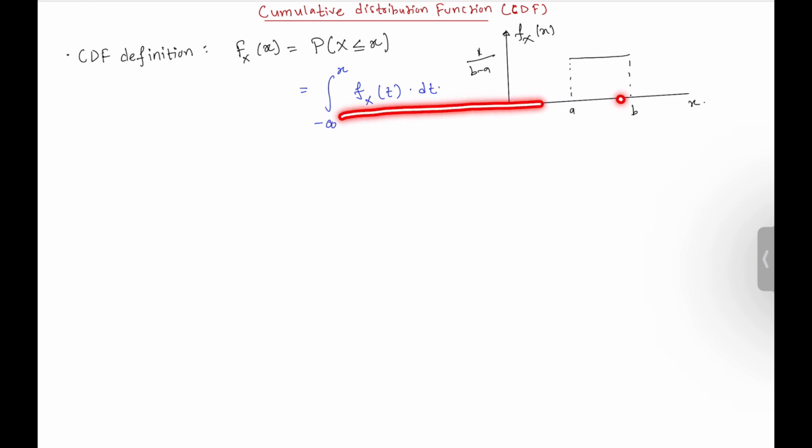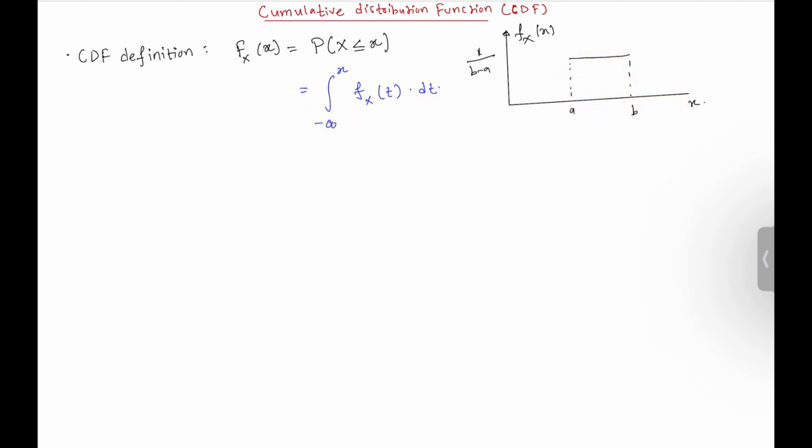In this case, you integrate from minus infinity to this point, that is x. Till here you will have 0, but in this region you will have more area than before. If you take x here, then the probability will be this area.